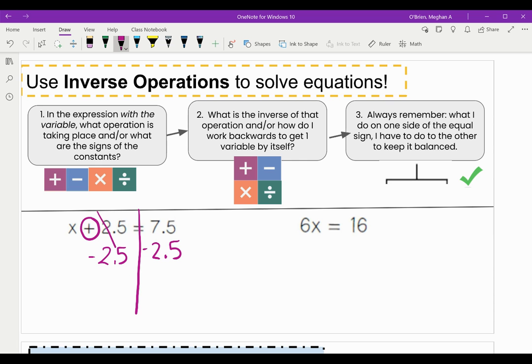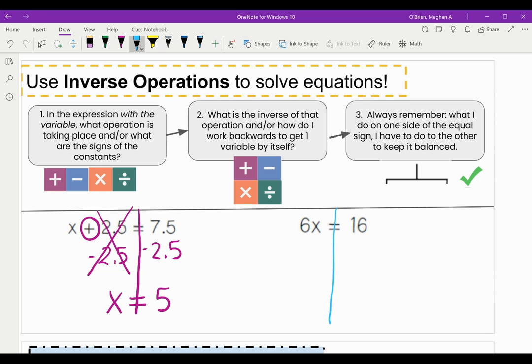Do you notice like I made it disappear? I just wanted the X by itself. And then I did that action on the other side. So I'm left with just the X on that side equals what's 7.5 take away 2.5? Yeah, 5.